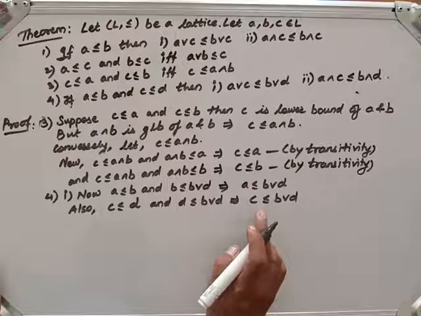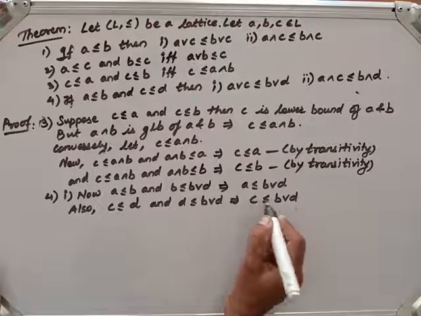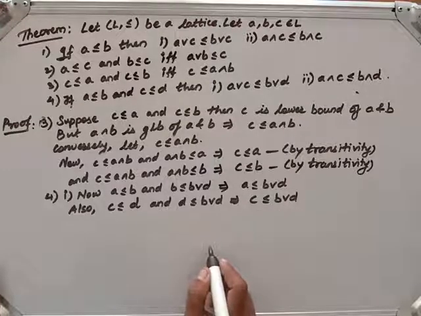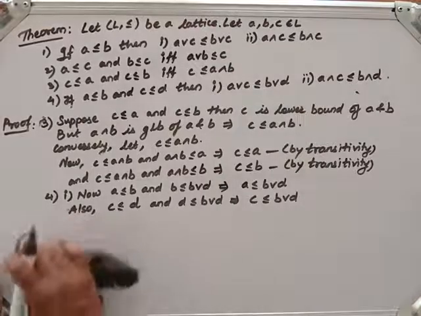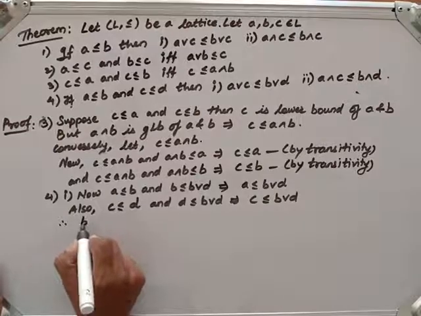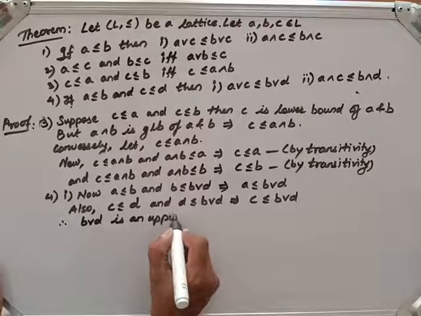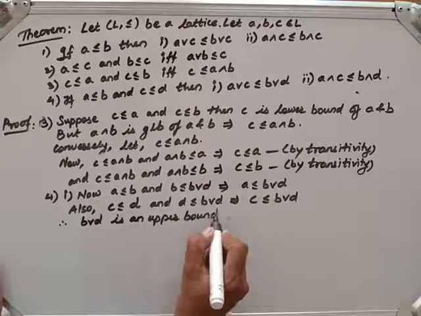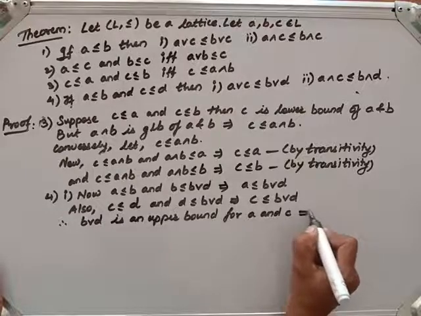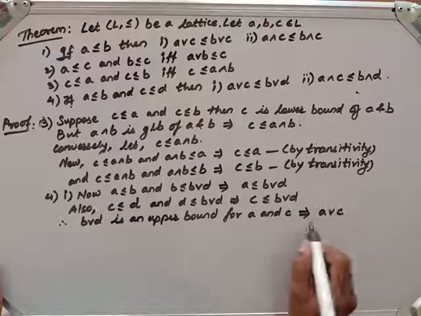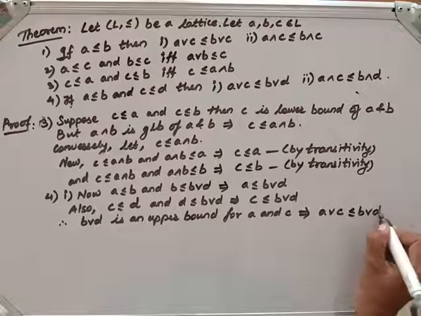A as well as for C. Therefore B join D is an upper bound for A and C. This implies A join C, because A join C is the least upper bound, is related to whom? B join D.